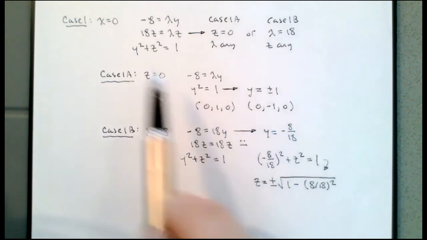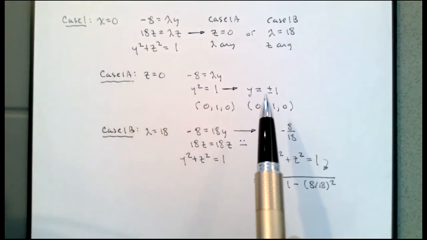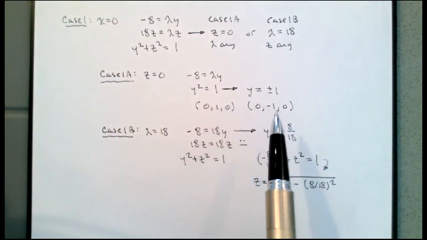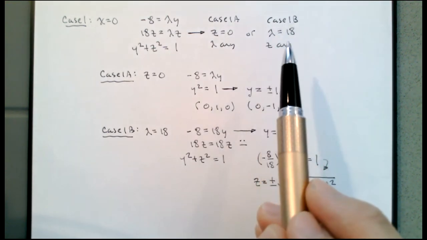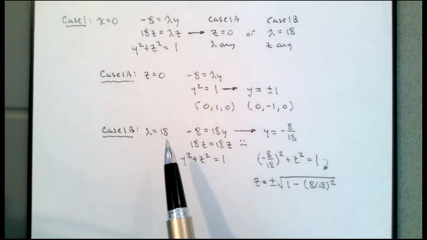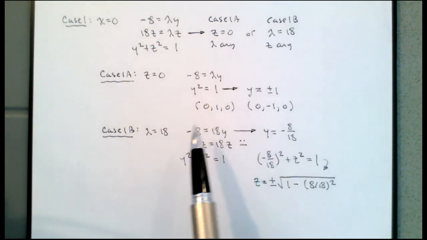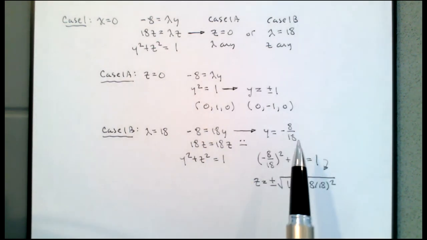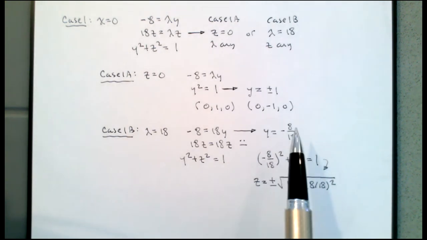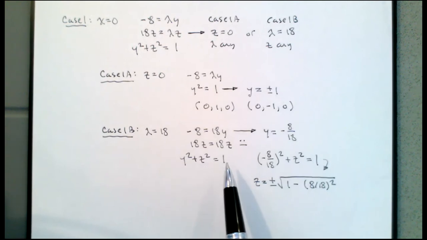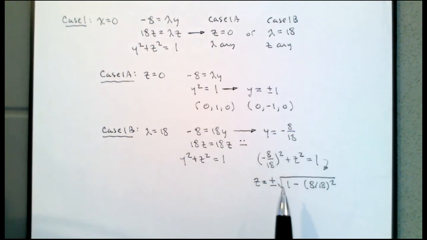I have values of x and z of both 0, and I get two values for y, 1 and negative 1. So now I'm in case B where lambda is equal to 18. So when lambda is 18, this first equation gave us that y is equal to negative 8 over 18. And now I can put that one value of y into our y squared plus z squared equals 1 and find two values of z.